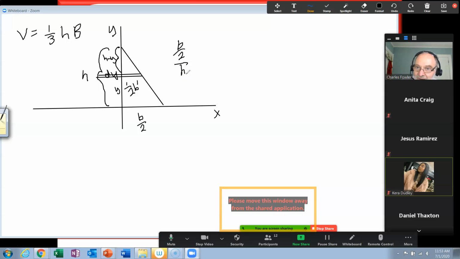Now up here we also know that's the same ratio as B prime over 2 to H minus y. So that is equal to B prime over 2 divided by H minus y.